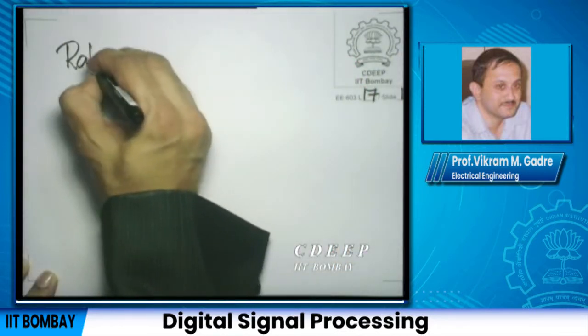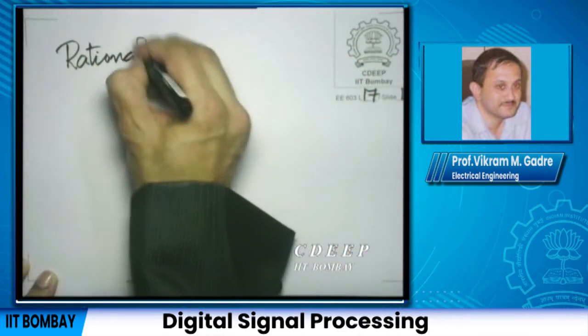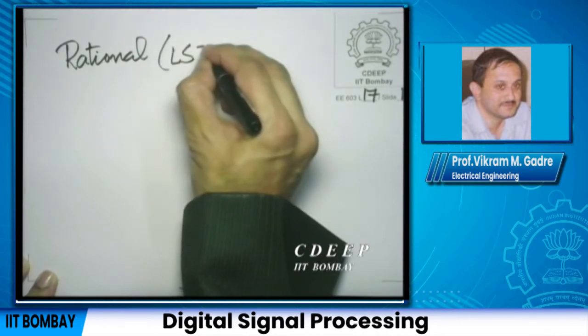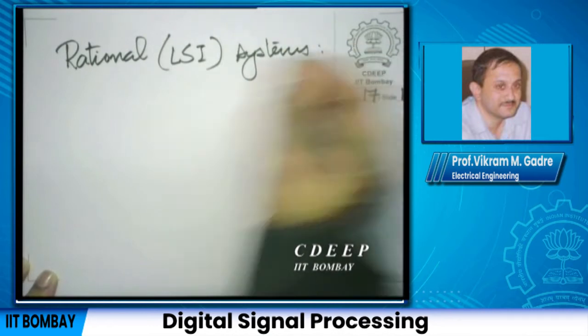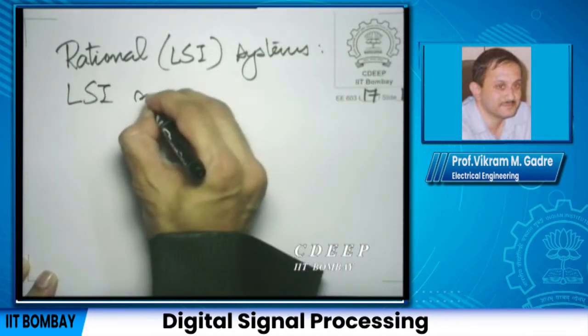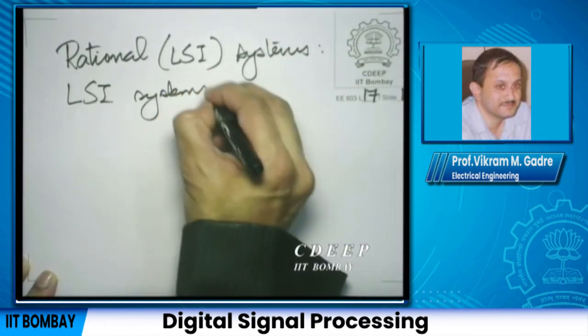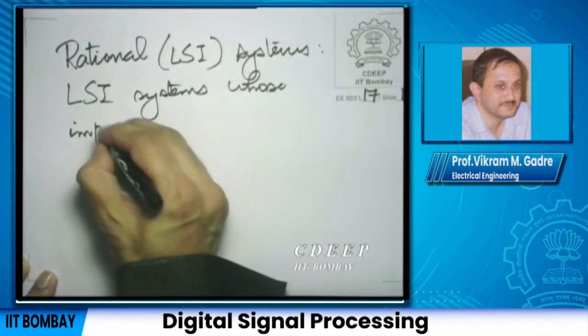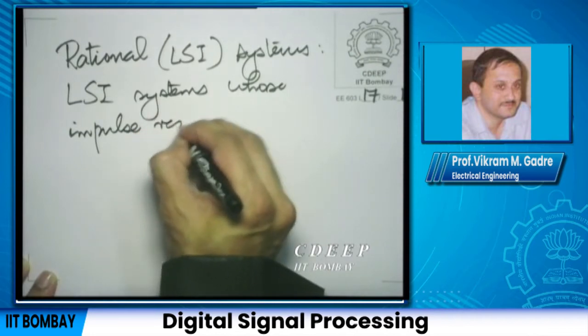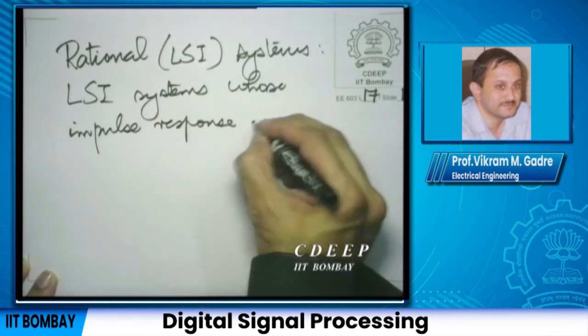We have so far talked about rational systems. Rational systems are of course LSI. They are LSI systems whose impulse response has a rational Z transform.